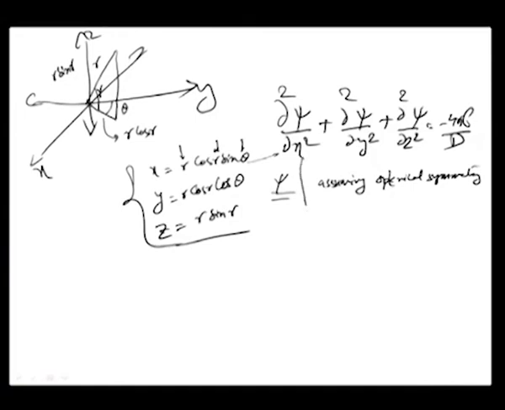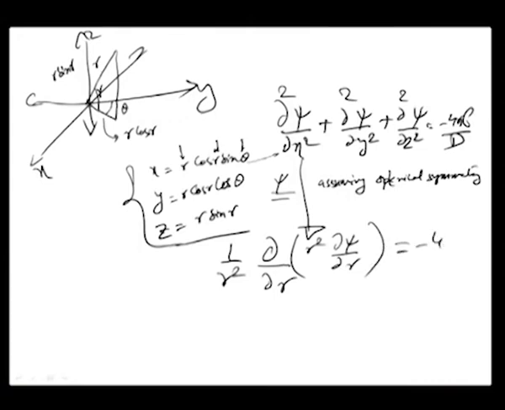So this whole equation now gets converted into the form 1 by r square del by del r of r square times del xi by del r, and this is equal to minus 4 pi rho by d.